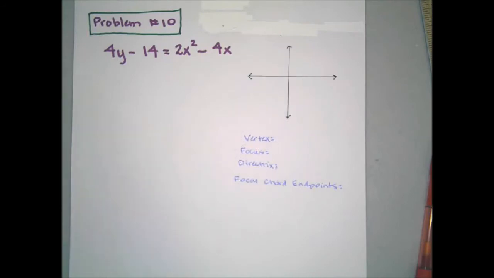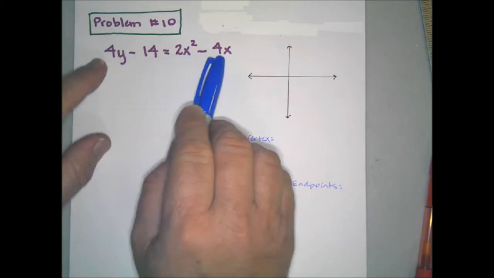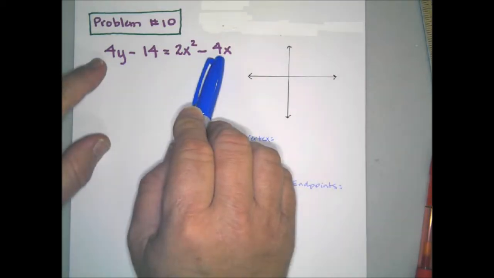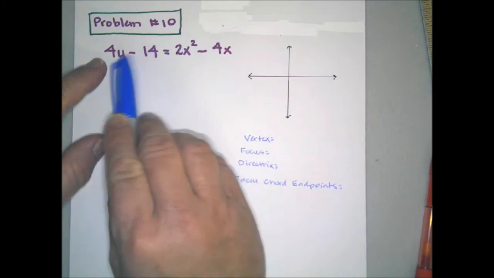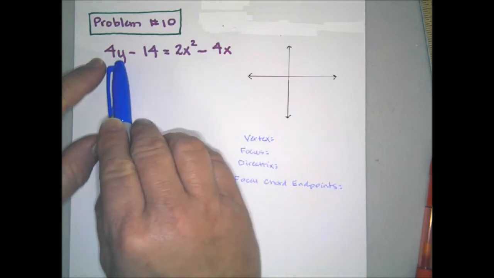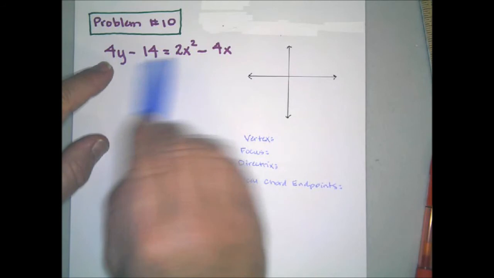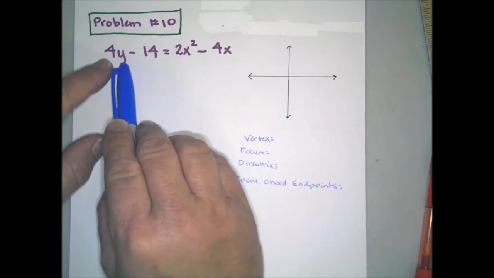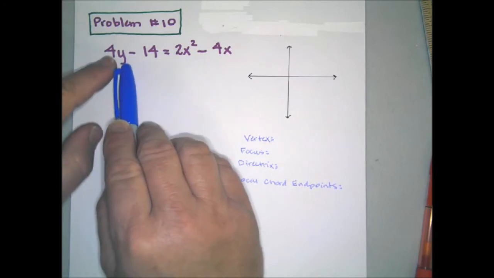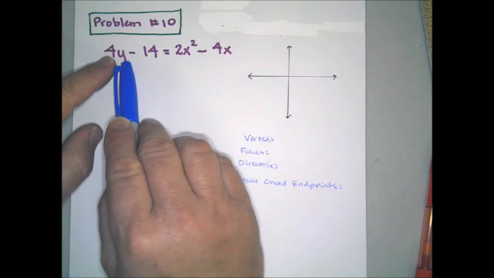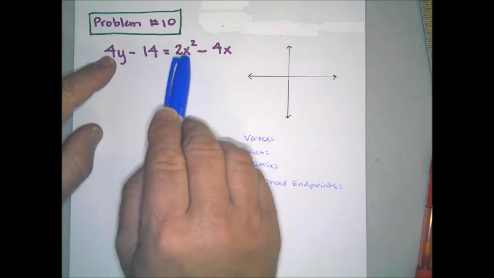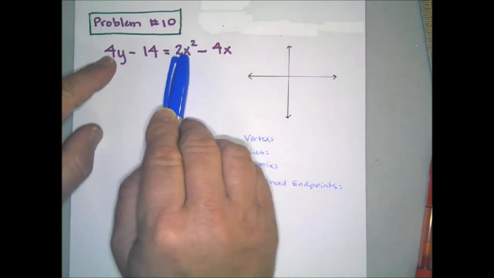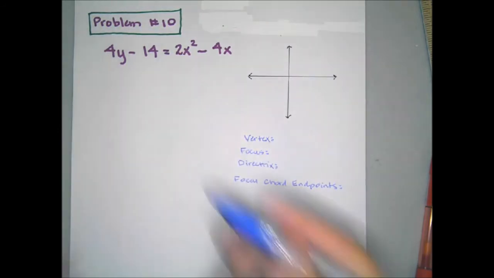The last problem I'm going to do for review number 2 is problem number 10. Now we're given the equation. We know it's a parabola because x is to the second power, but y is only to the first power. We also know something about what kind of parabola it is. I've got y on the left-hand side going to the first power, and I've got x squared on the other side, going to the second power.